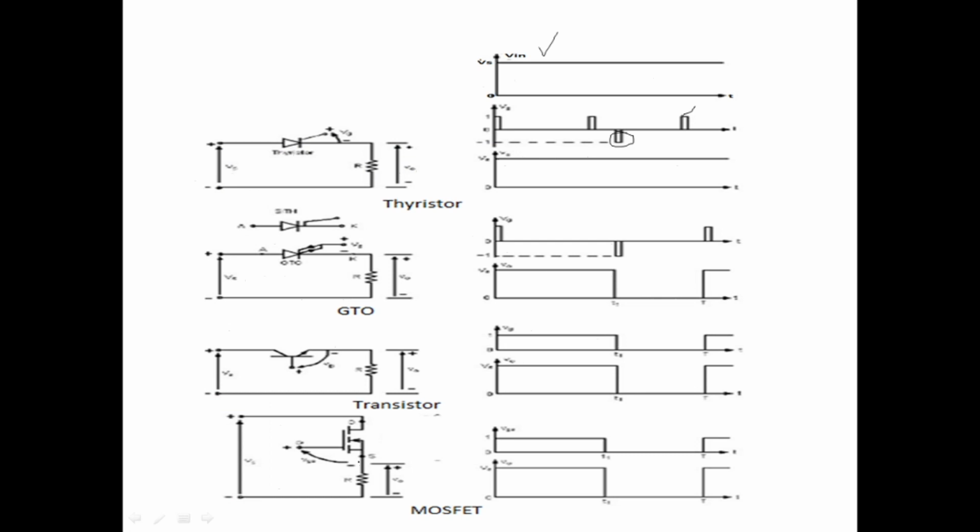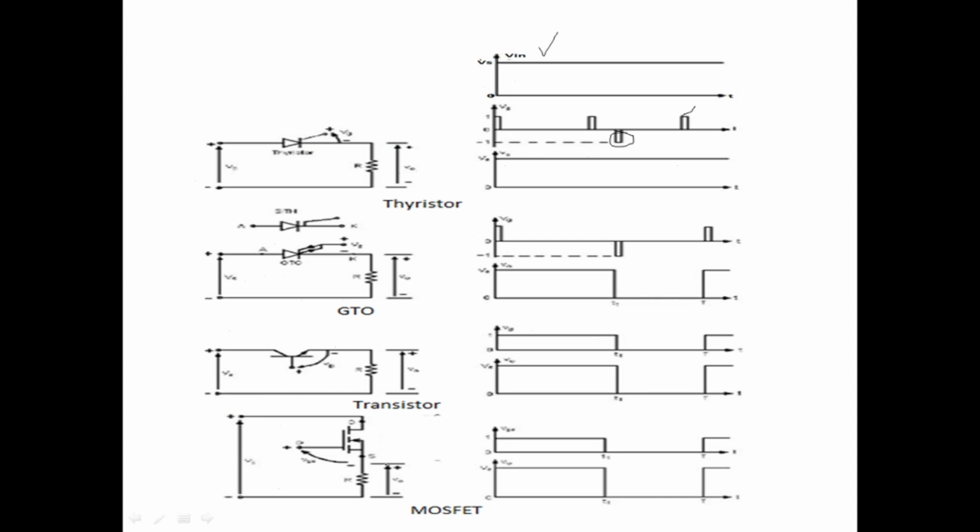I think you have studied that in MOSFET enhancement characteristics. So a channel is created between drain and source in the presence of gate source voltage.